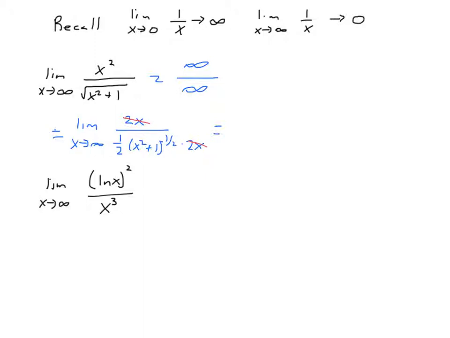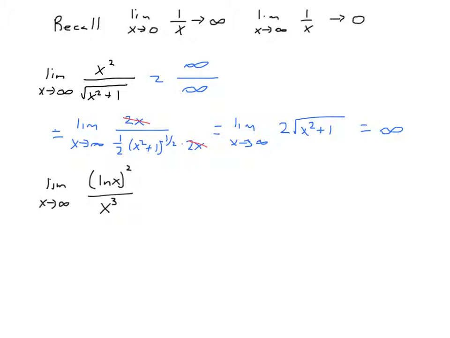And remembering that that's x squared plus 1 to the negative 1/2, that is going to be the same as 1 over, the denominator is just going to be 2 times that square root. So that is just going to simplify as the limit as x approaches infinity of 2 times the square root of x squared plus 1. So in that case, this is just going to be infinity.